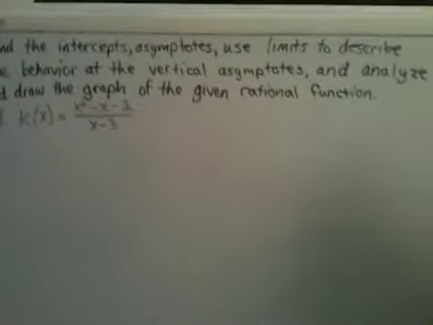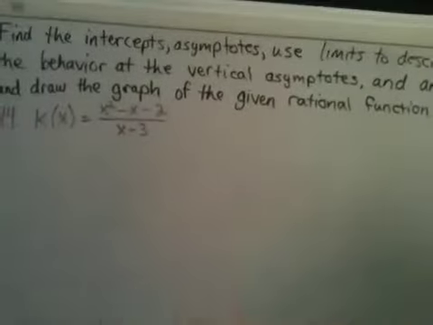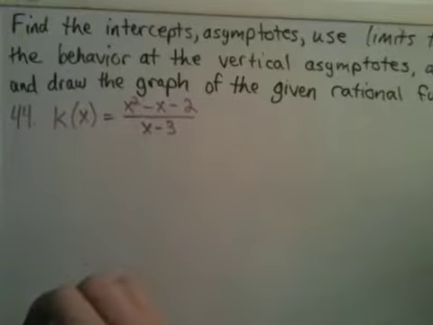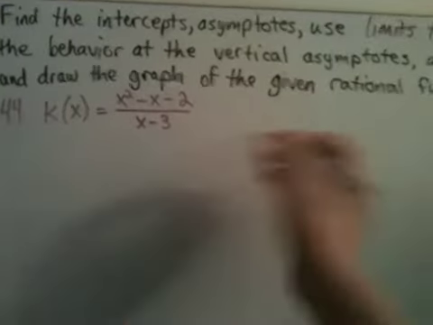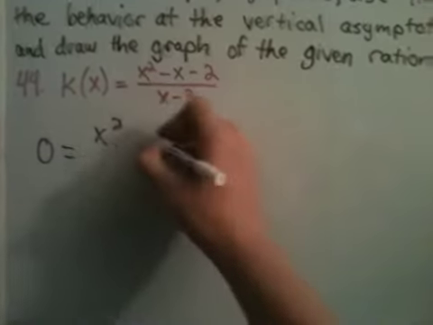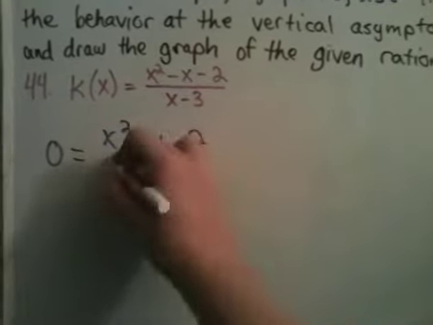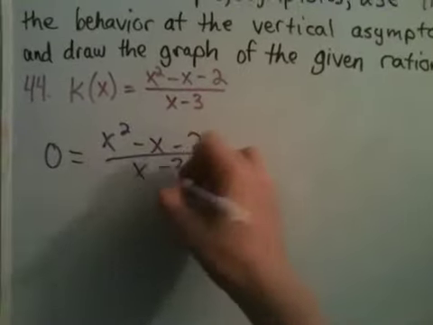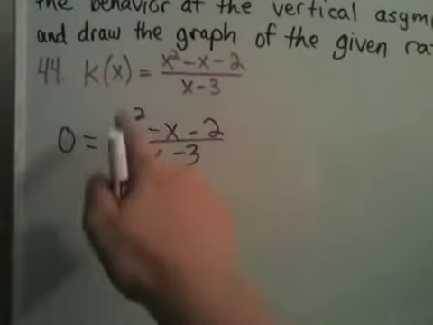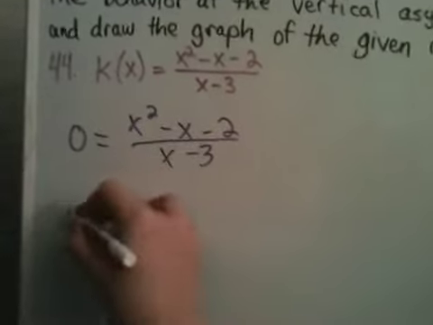So the intercepts will be at a couple different places. To find our x-intercept, that's where we plug a 0 in for y, because it's opposite like that. And so if I think about where this fraction will equal 0, that's really where the top of my fraction equals 0.